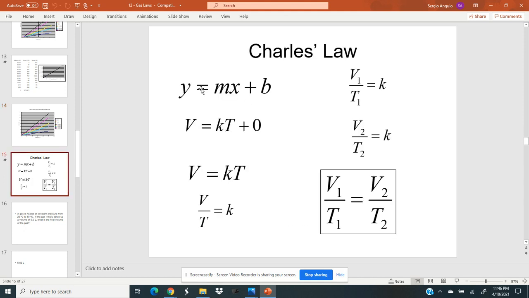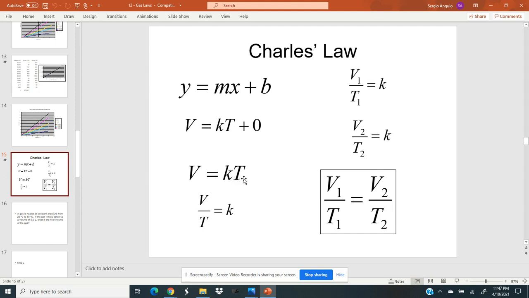So you take your y equals mx plus b and substitute V for volume in the y, and T for temperature in the x. And as I mentioned in the last video, scientists don't like to use M for slope because M is already used for mass. So we use K as a constant. So V equals KT plus y-intercept being zero. You get V equals K times T. That's the equation you get.